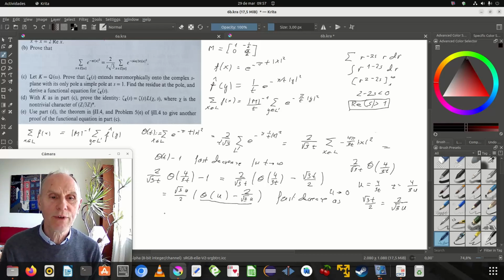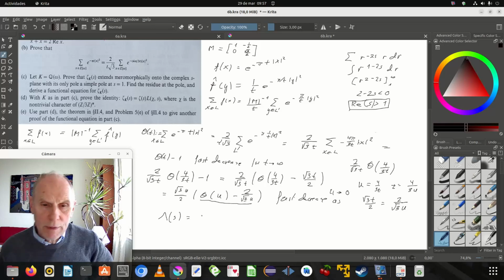So now we can define our lambda function. Well, let's do it as I think we should.